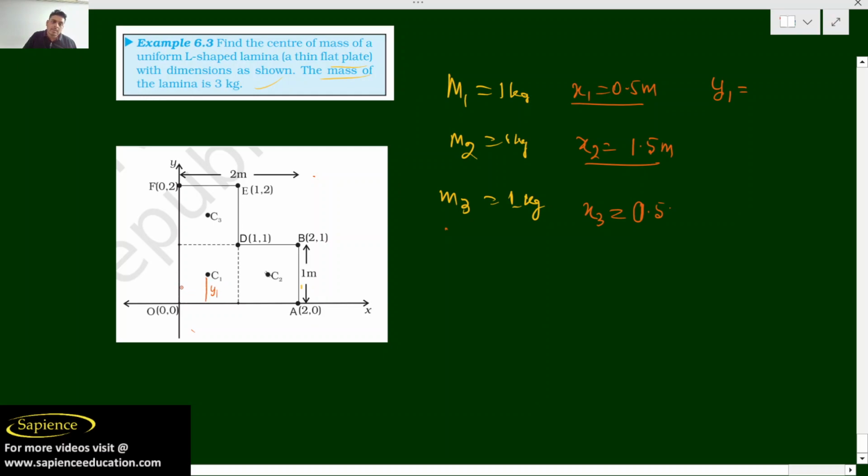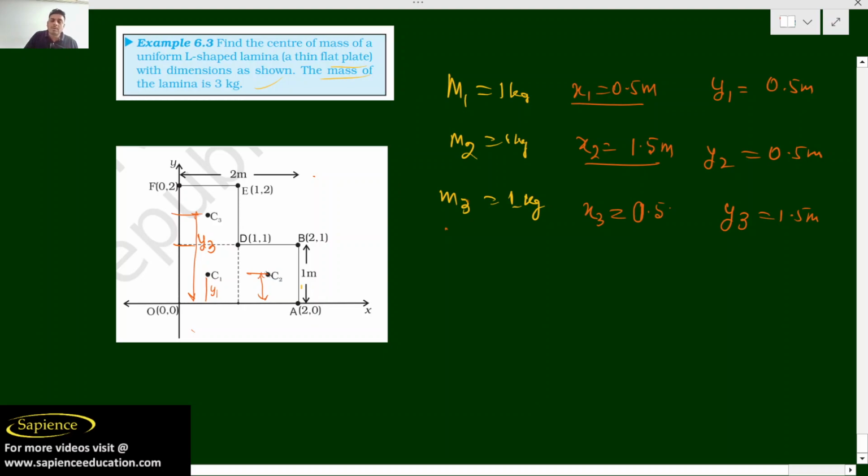This length is 1 meter, so half of it is half a meter, so y1 is 0.5 meter. For y2, it is at the same distance, so y2 is also 0.5 meter. And y3 is the position of C3. The total length here is 1 and this is half a meter, so y3 will be 1.5 meter.